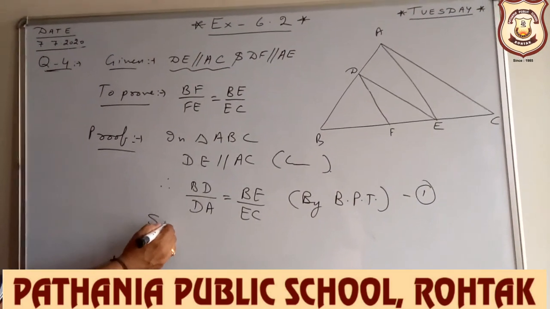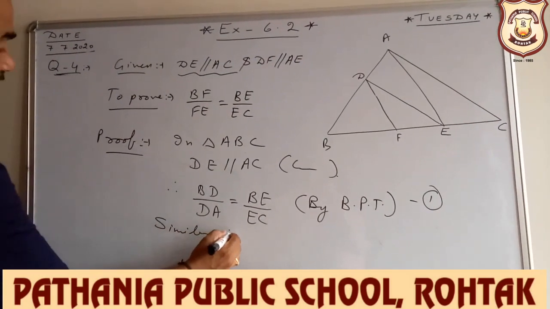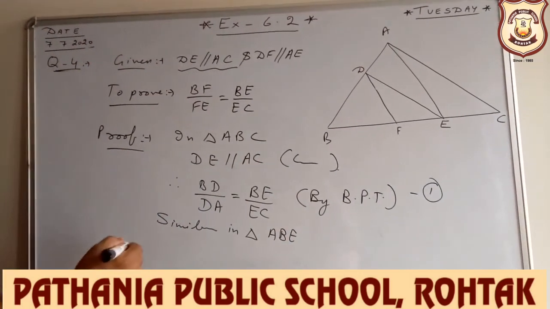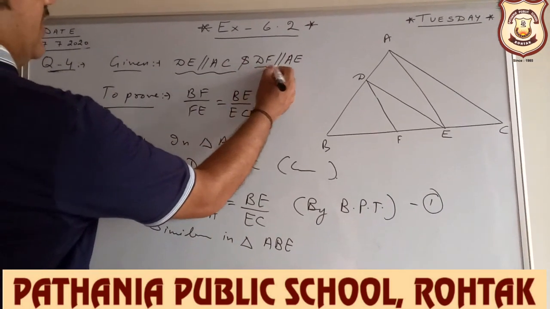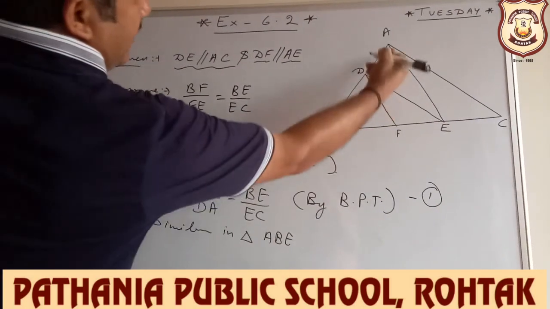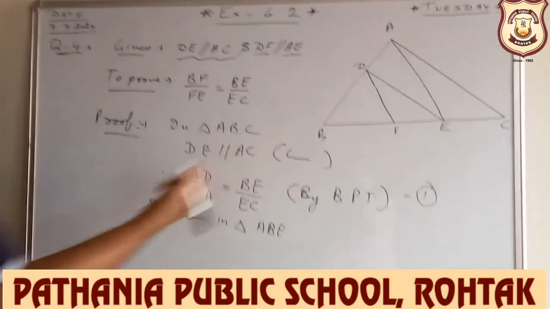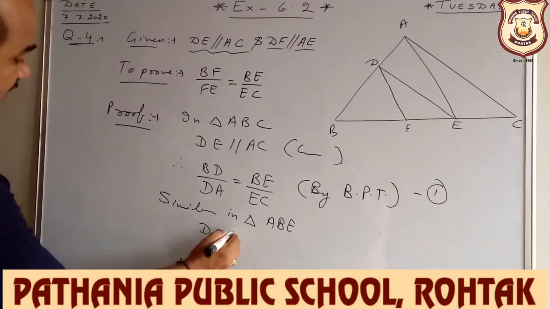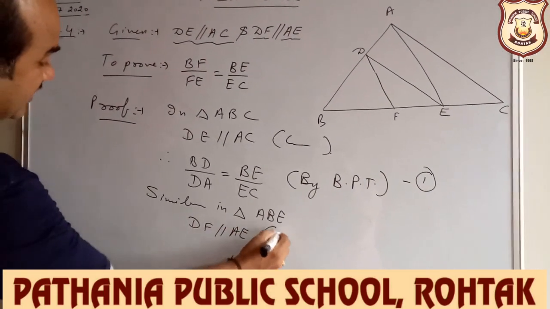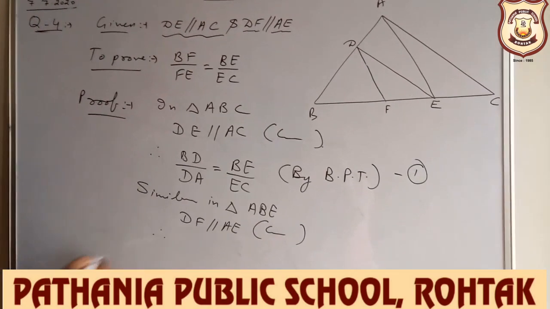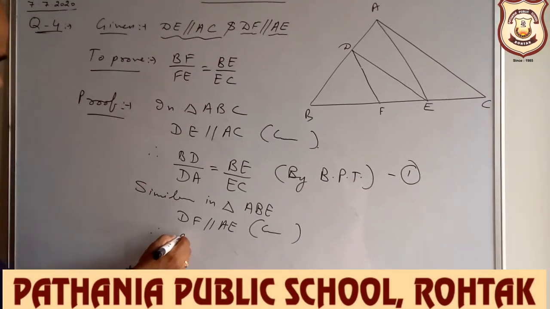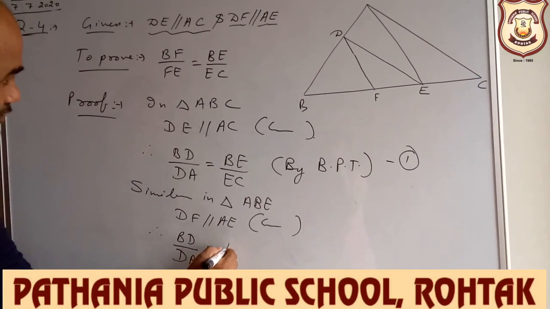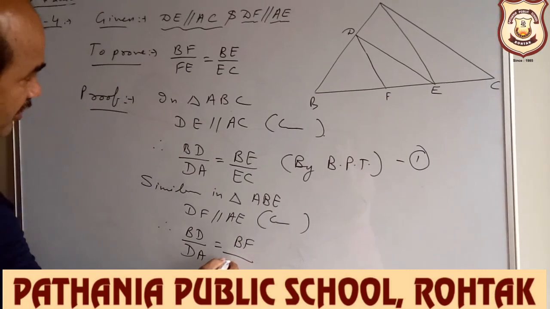Similarly, in triangle ABE. Why ABE? Because they have given DF parallel to AE. Till here only you can take. DF is parallel to AE, it is given. Therefore, BD upon DA equals BF upon FE.